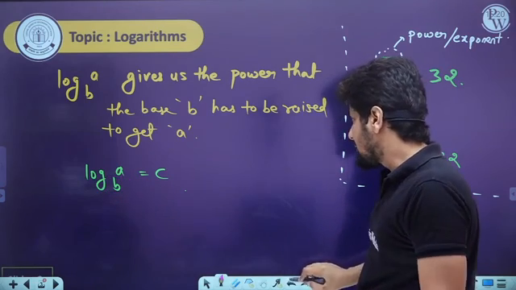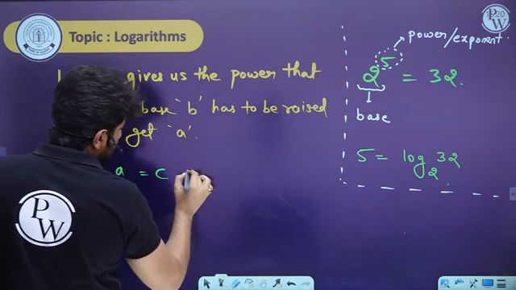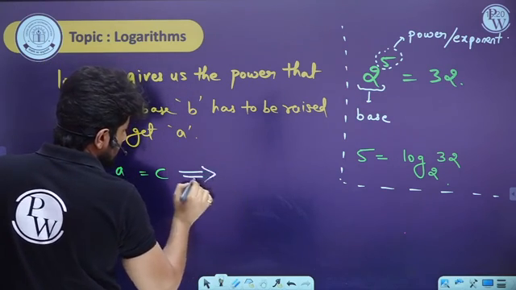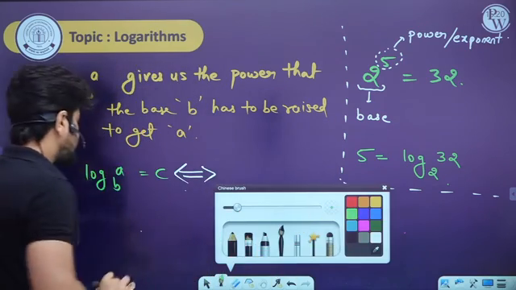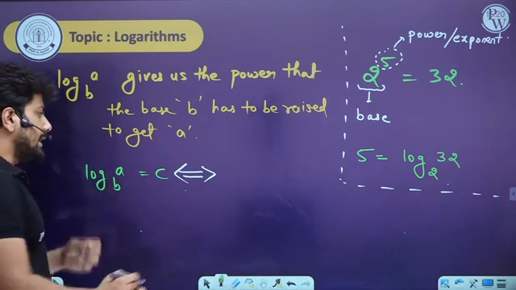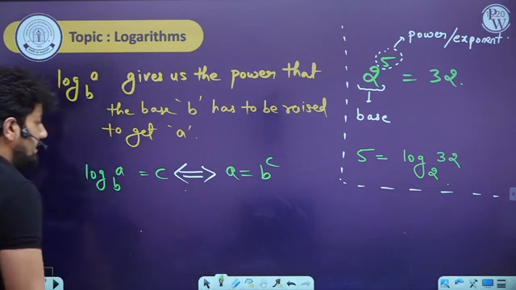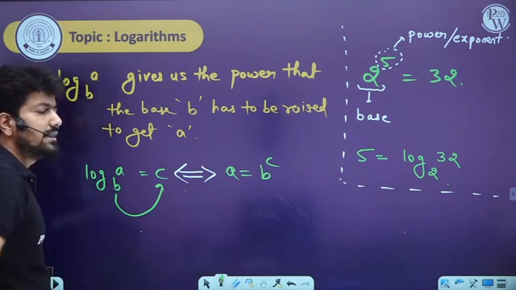So this is the logarithmic form, and if I convert this into the exponential form, it will be written like this: a is equal to b raised to the power c. If I raise this number b to the power c, I will get the number a.